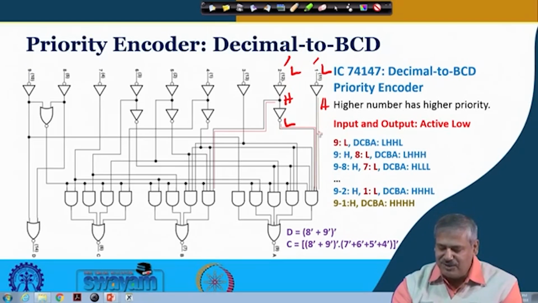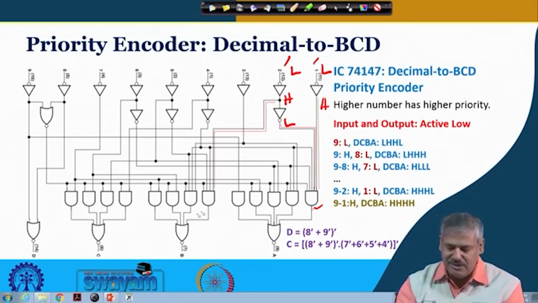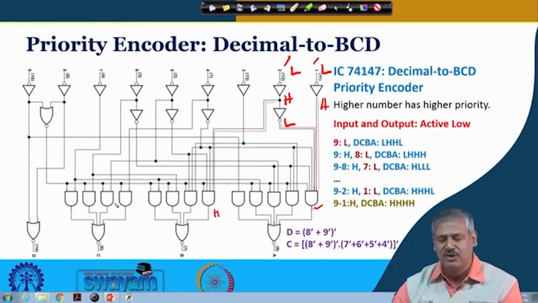So, this low will go over here, and even if this is present, this will make this output low. Is it clear? Whereas this high will continue, and this will make this output high because of the presence of the other combinations. So, this is what is making, even if both are simultaneously pressed, this one inactive. Okay. And the corresponding output will be there.